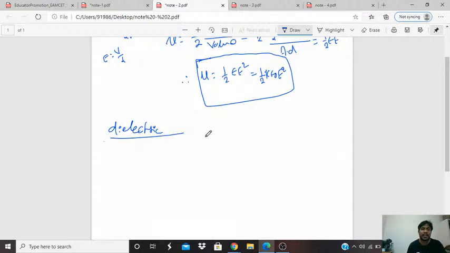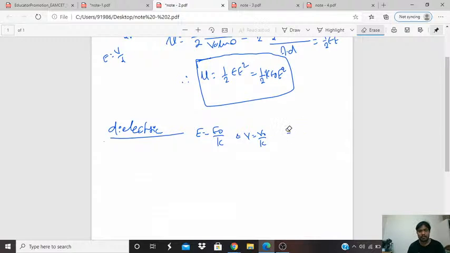what will happen? Electric field will decrease by 1 by k times, and potential also decreases by 1 by k times. Charge also decreases by 1 by k times. Mainly we can take this, right?